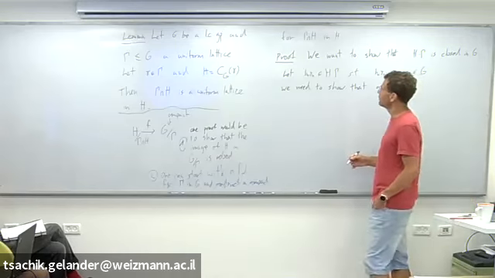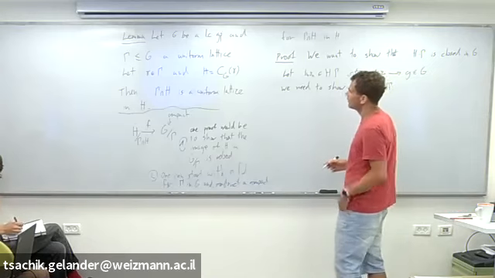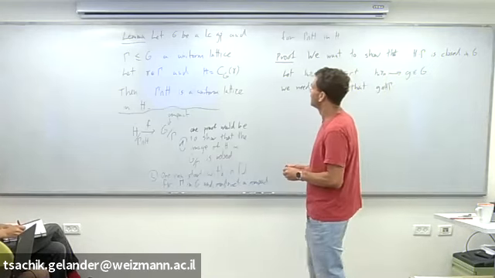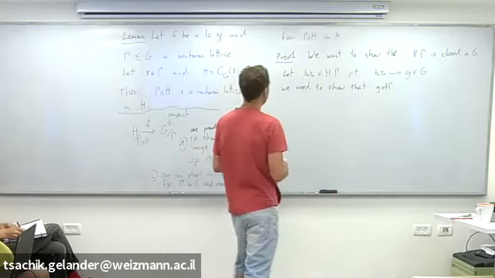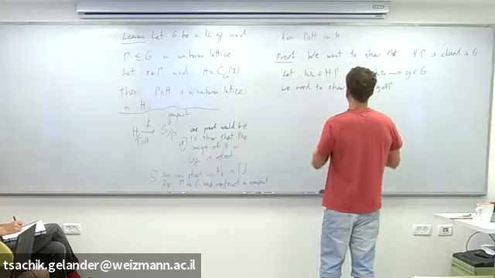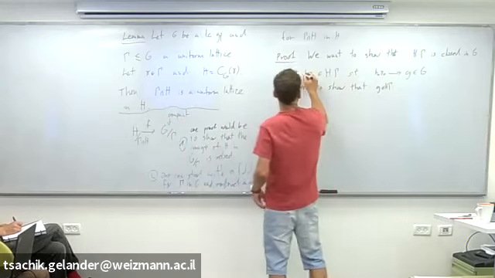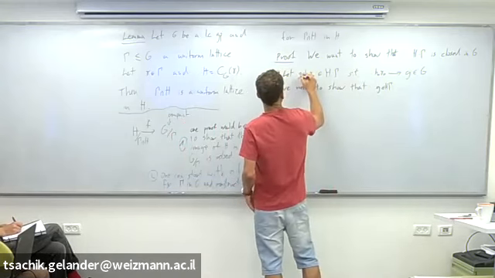So how do we do that? Yeah, I have this element gamma. So let's call this G_n.